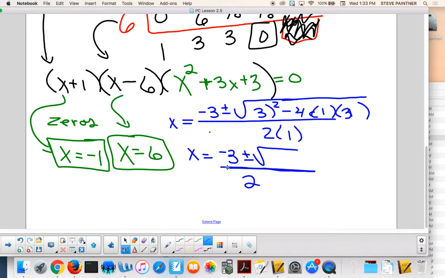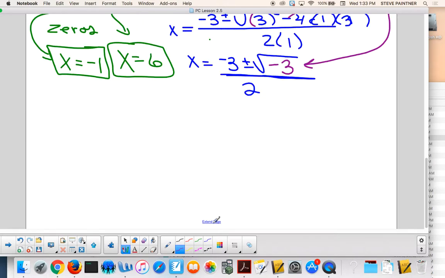Jeff, what'd you get inside here? You got -3. Yes, no? Yeah, okay. Really quick, guys. That is 9. Negative times positive is negative. 4 times 1 times 3 is 12. That's where Jeff got the -3 from. That's good. What's the square root of -3 though? i square root of 3, right?